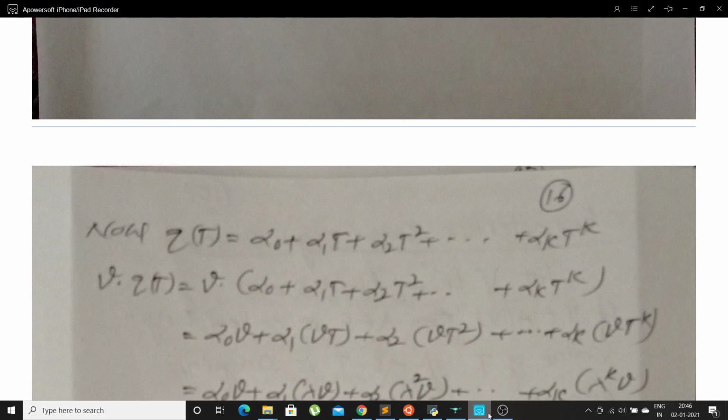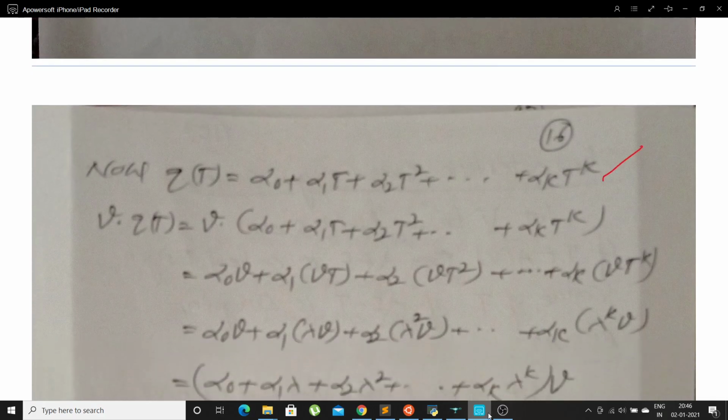q of T equals alpha naught plus alpha 1 T plus alpha 2 T2 and so on. I multiply both sides on the left by a non-zero vector v. We write like this.